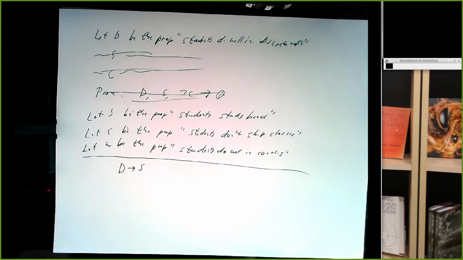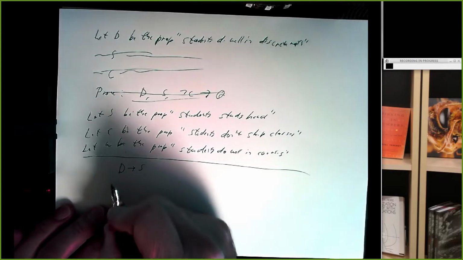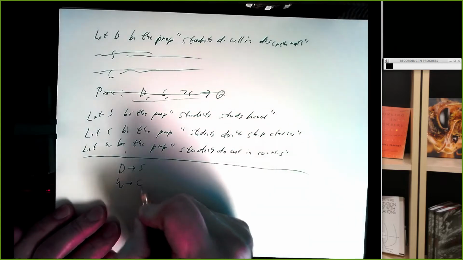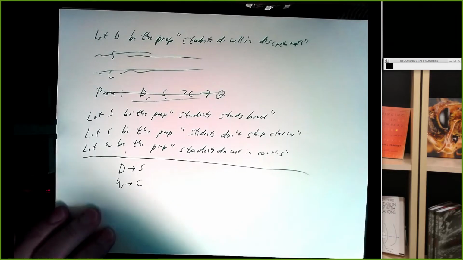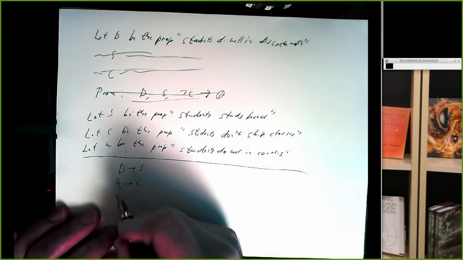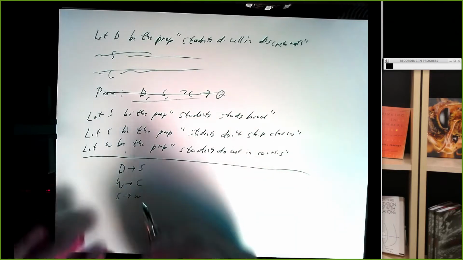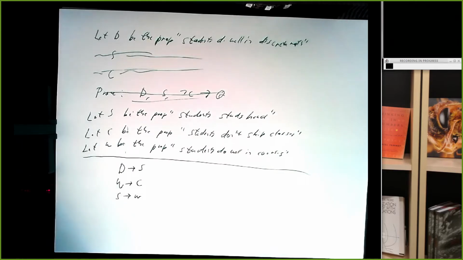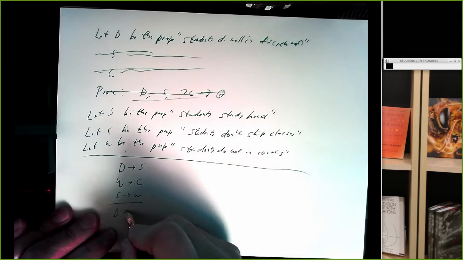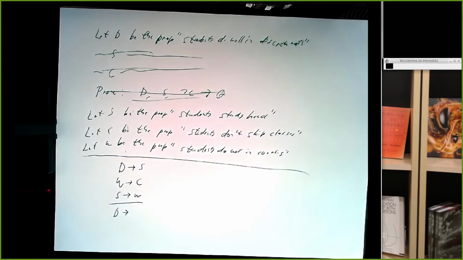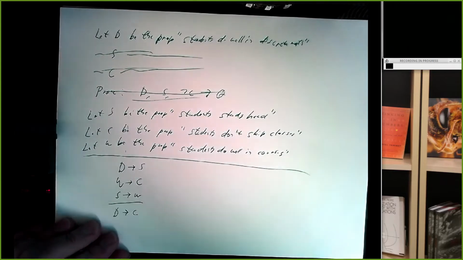So it's necessary that they study hard. Students who do well in courses do not skip. So if you do well, then you do not skip. And if you study hard, which is S, then you do well in courses. And you're asked to conclude that if you do well in a discrete math class, then you do not skip classes.